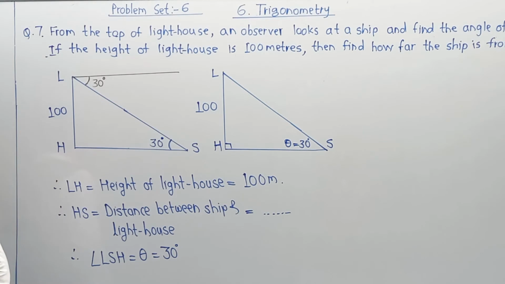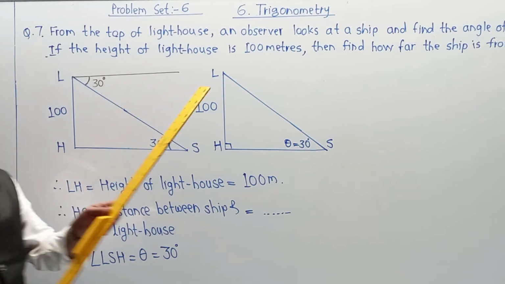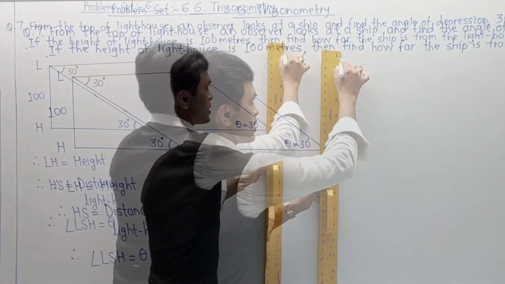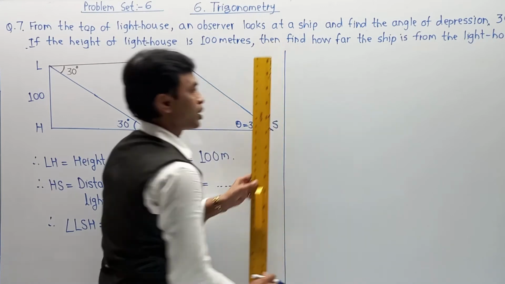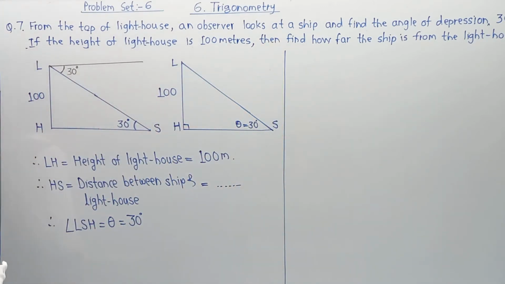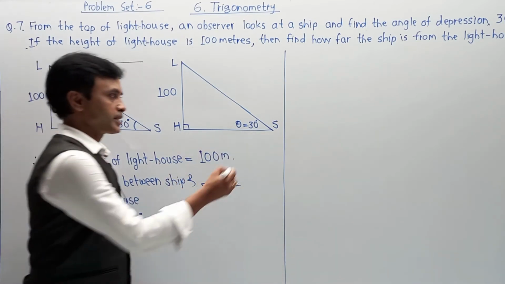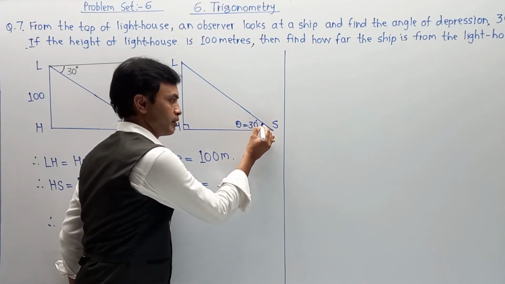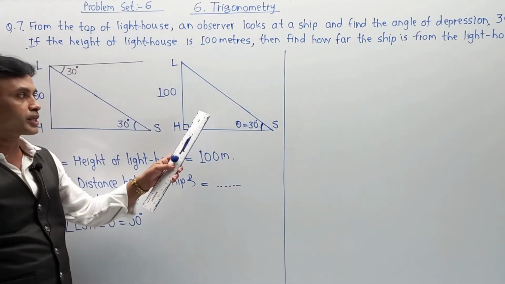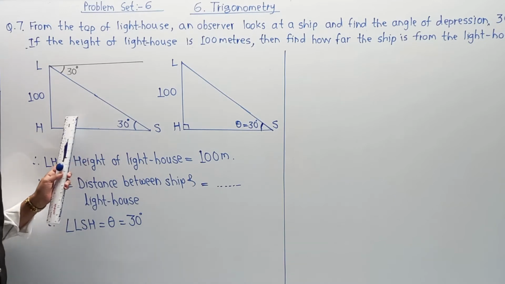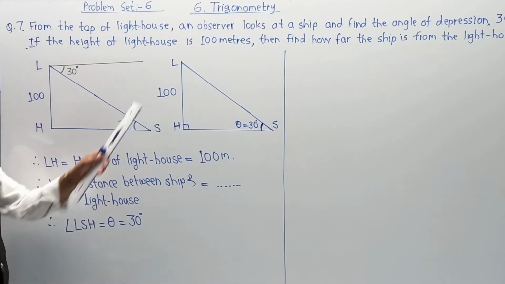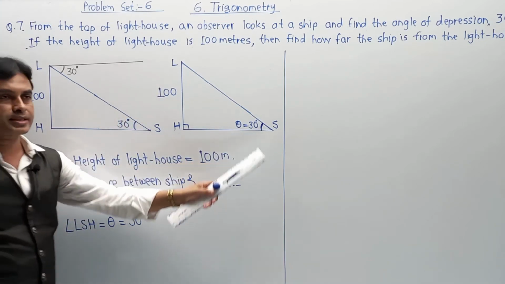Now from this diagram's point of view, we are moving over here for calculation. The rest of the calculation we are going to do over here, where this theta is 30 for you. Now we are using the terminology of this triangle or you can say this triangle, both diagrams are actually the same.